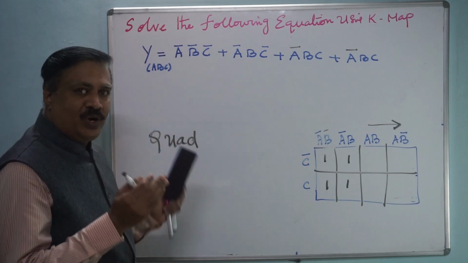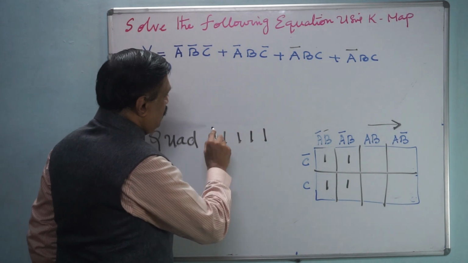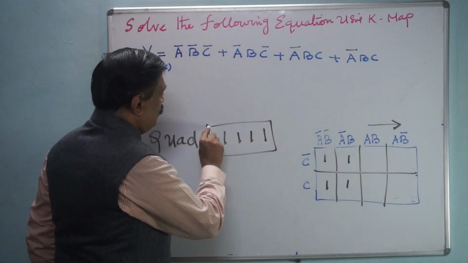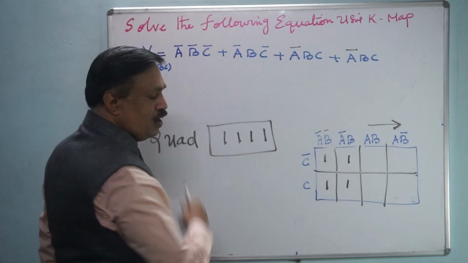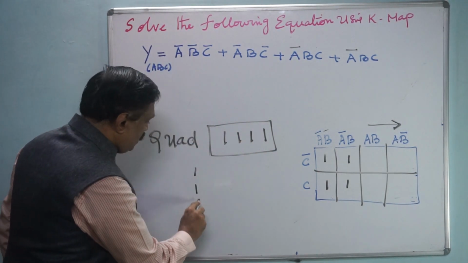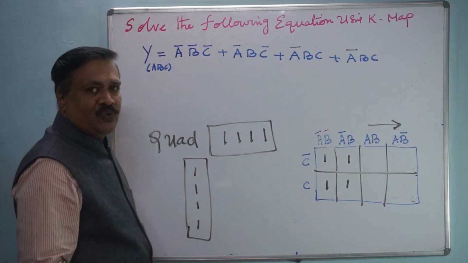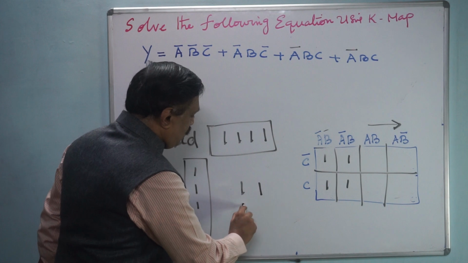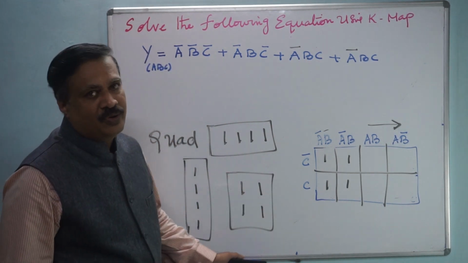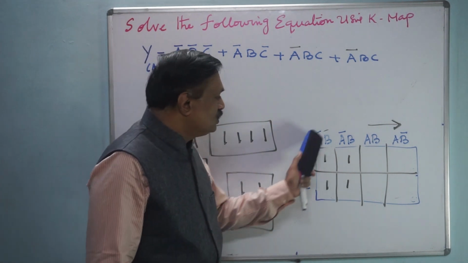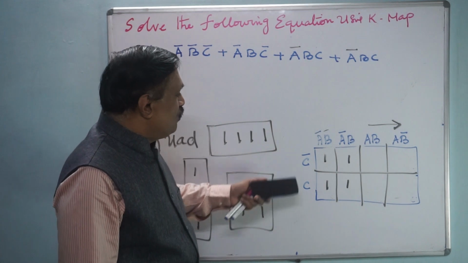Quad means if 4 ones are all in the row, then we can go for a quad. If all the 4 ones are in a column, then also we can go for a quad. Or if 4 ones are in a square structure, then we can go for a quad. Here 4 ones are in the square form, therefore we can go for a quad.